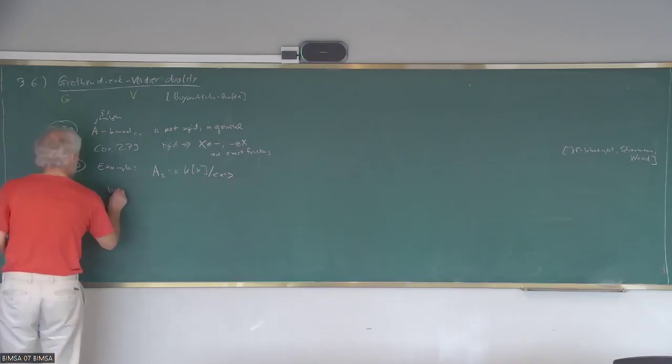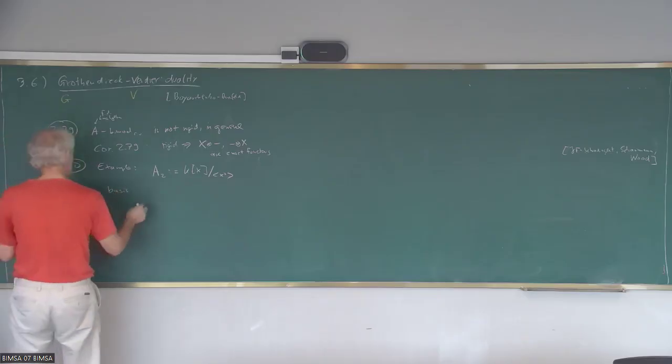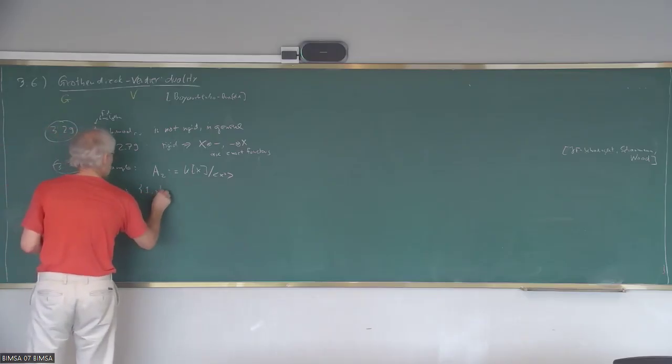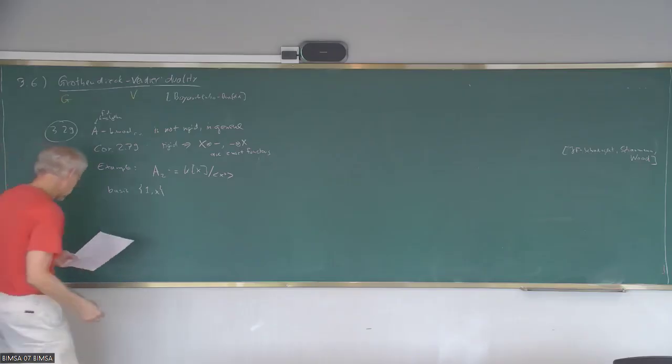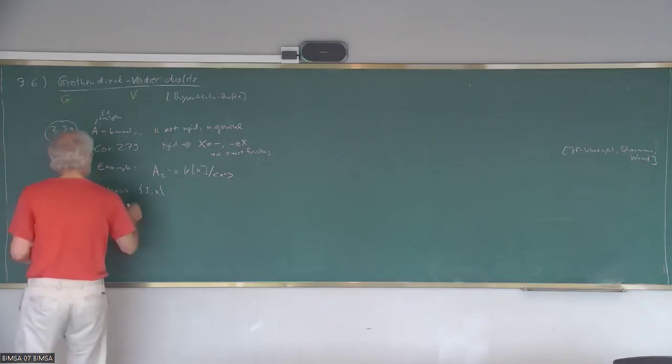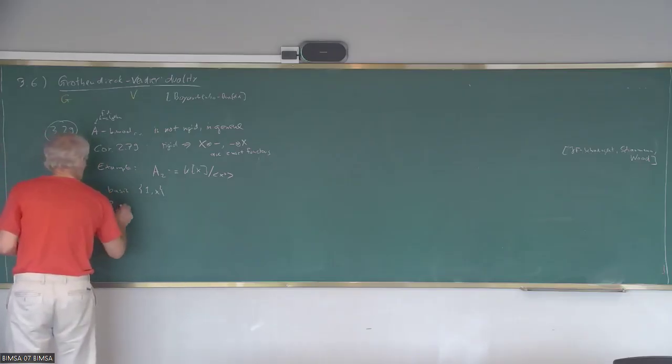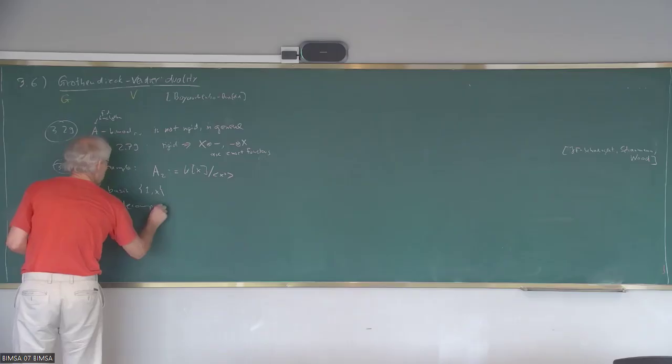So just a two-dimensional algebra, polynomials in X of degree 0, 1, modulo X squared. And this has a canonical basis 1, x, where by this I mean the class modulo X squared, but I don't write that out. And then this turns out to have, up to isomorphism, two indecomposable modules.